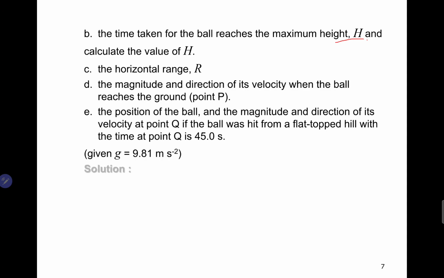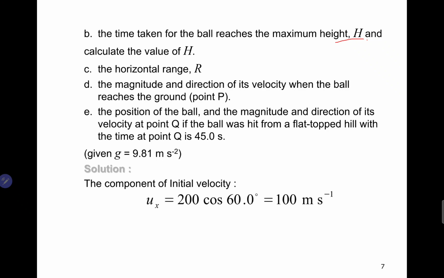For the solution, the first thing you need to do is break it into x and y components. The x component will be u cos theta, which you solve and end up with 100 meters per second. The y component will be u initial sine theta, which you solve and end up with 173.